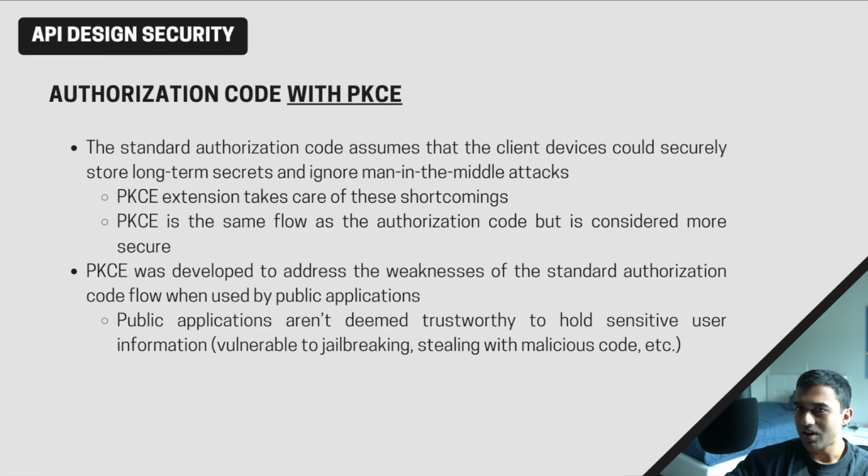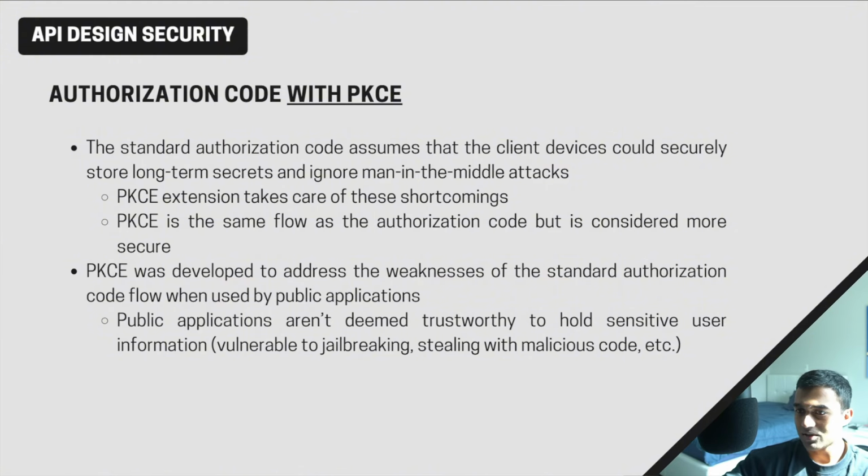Now let's talk about authorization code with PKCE. The standard authorization code assumes that the client devices could securely store long-term secrets and ignore man-in-the-middle attacks. PKCE extension takes care of these shortcomings. PKCE is the same flow as the authorization code but is considered more secure. PKCE was developed to address the weaknesses of the standard authorization code flow when used by public applications.